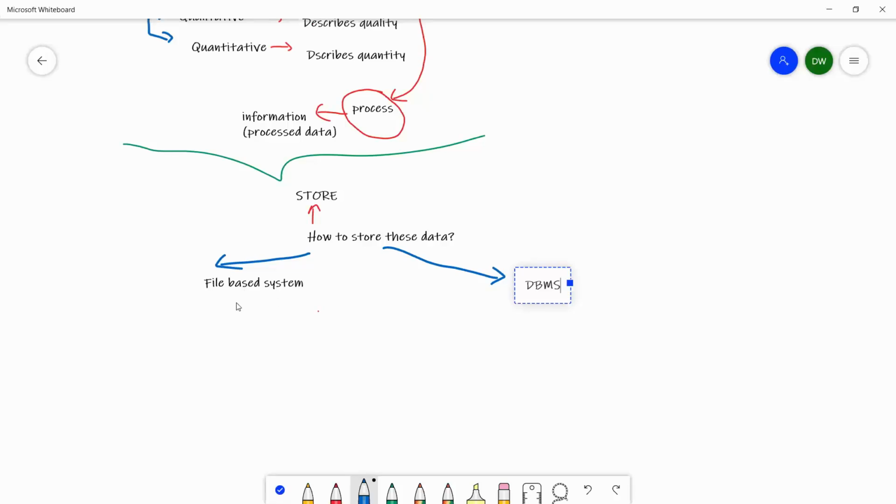So when we have a file-based system, we talk about two more concepts. I'll explain that very briefly.